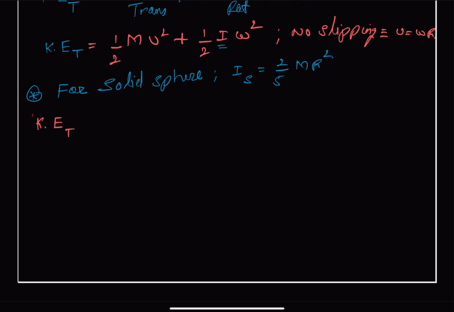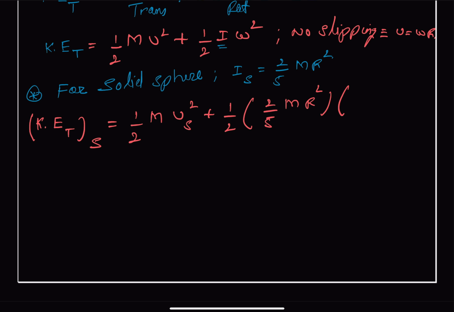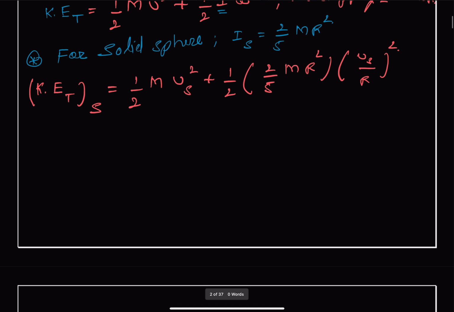For the sphere, KE total will be equal to half m vs square plus half times 2 by 5 mr square, and in place of omega we write vs divided by r, whole square.